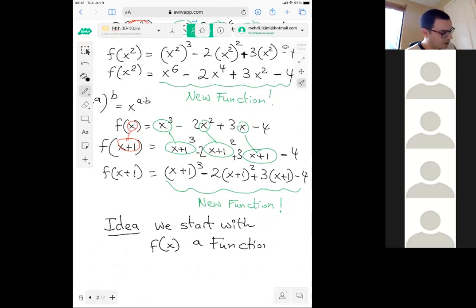Then what we can do is replace x by another function. Let's call the function g of x. So you see, instead of x, we're going to have g of x. And that will be a new function. So f of g of x is a new function.